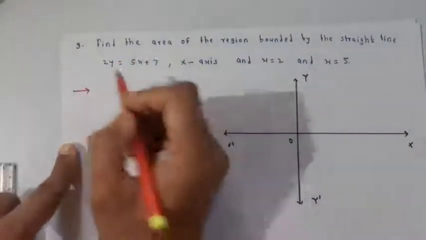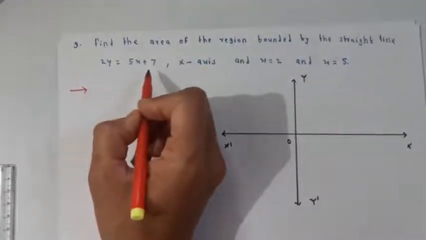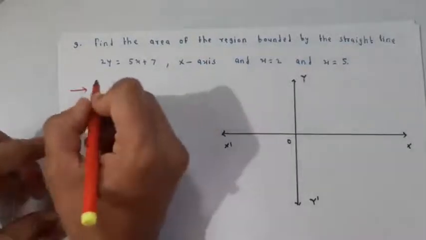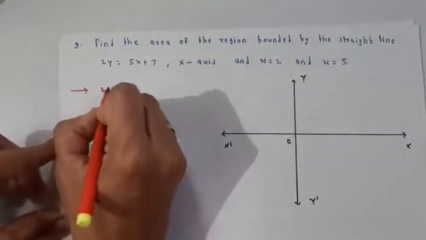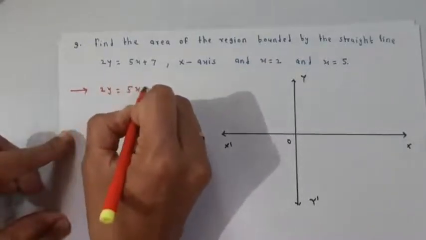The equation is 2y equal to 5x plus 7. Consider the equation 2y equal to 5x plus 7.